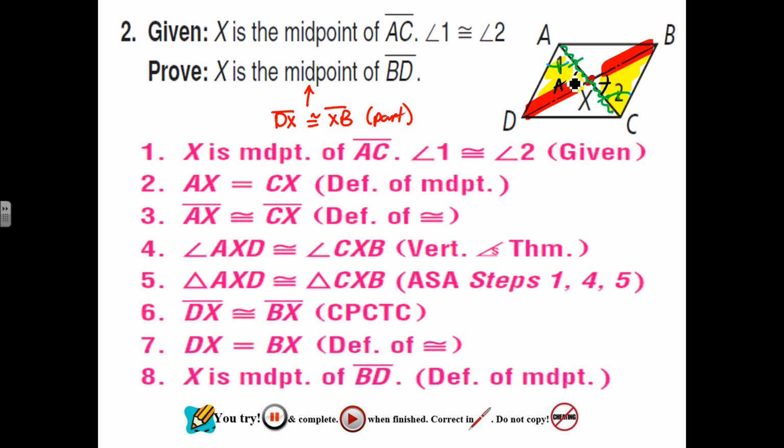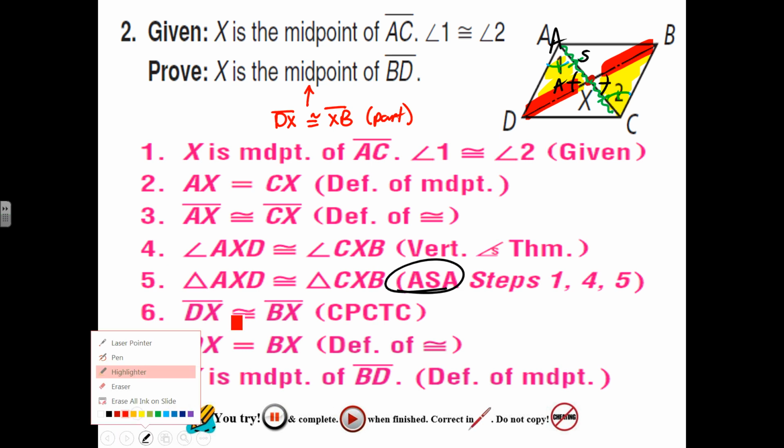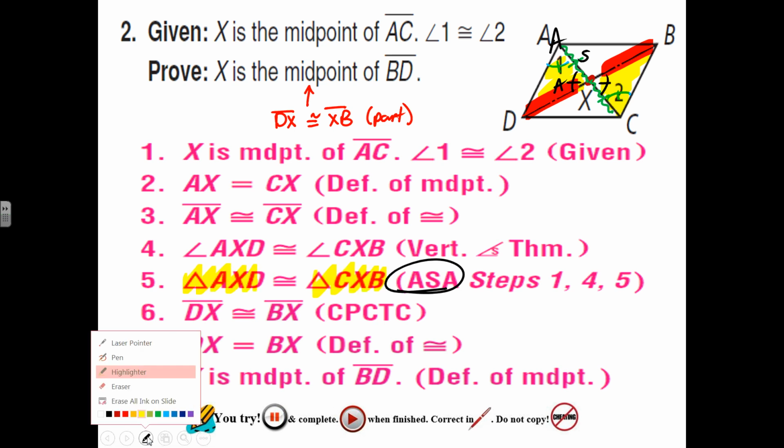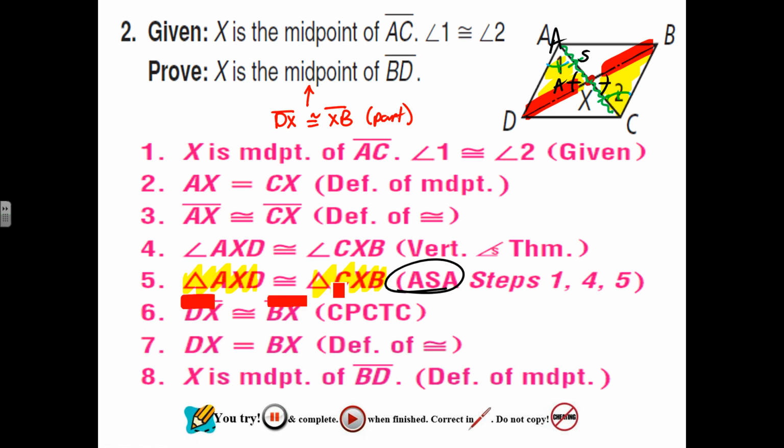That gets you an angle. There's a side, another angle. So the triangles are congruent by angle, side, angle. That was the yellow triangles. And if the triangles are congruent, then those red segments are congruent. And if those red segments are congruent, then lo and behold, you have yourself a midpoint.